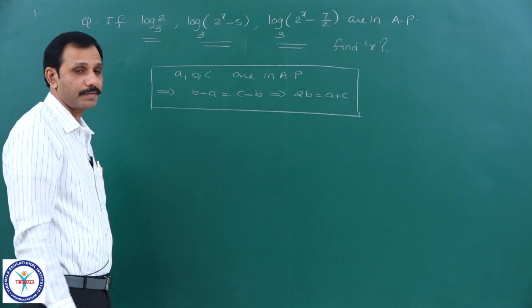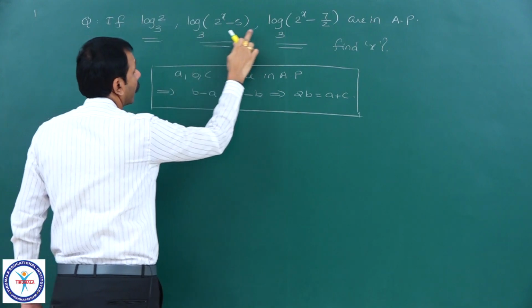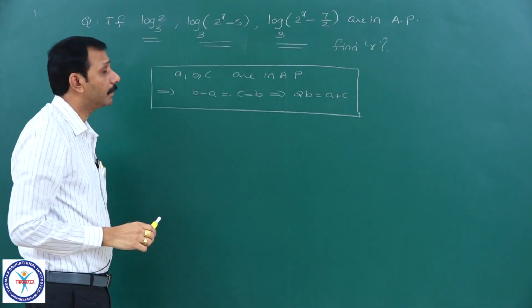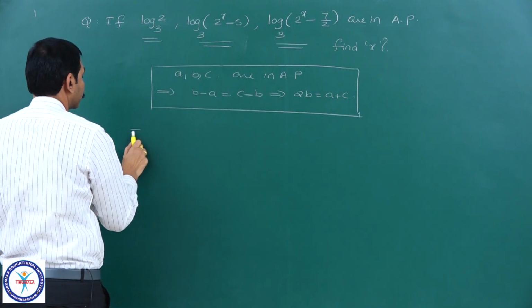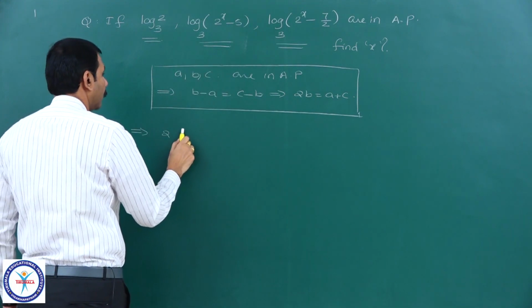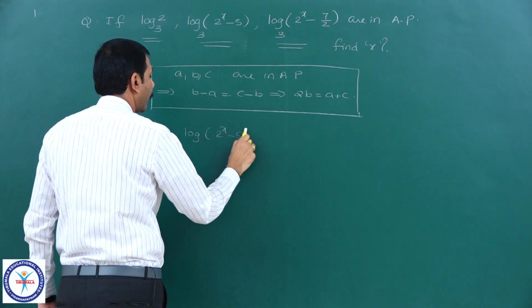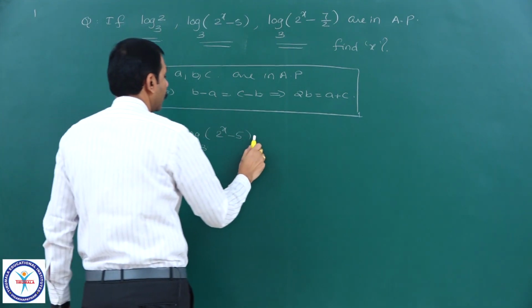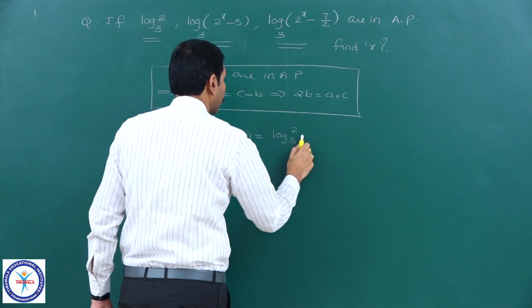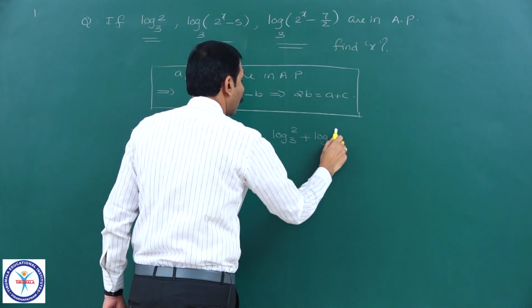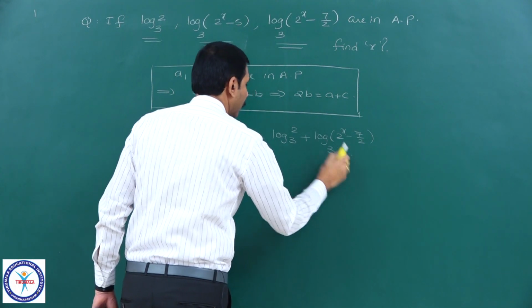Therefore, now it is of the form a, b, c are in AP. That implies 2 times the middle term, that is 2 into log (2^x - 5) to the base 3 is equal to log 2 to the base 3 plus log (2^x - 7/2) to the base 3.